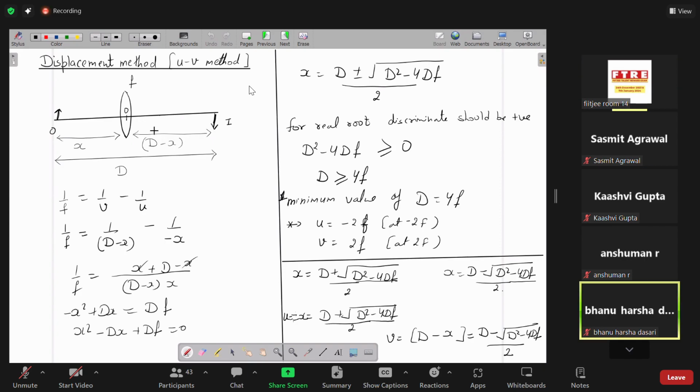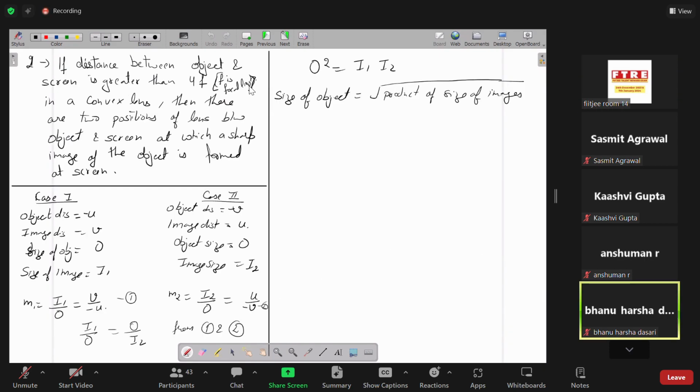Yes, ma'am. These are the two cases. In the first case, I'm taking object distance as u, then image distance is v. Then if I shift my lens such that the object distance becomes v, the image distance will become u. This is what we discussed, that object and image distances can be interchanged. That's how I've taken two cases. Yes, ma'am.